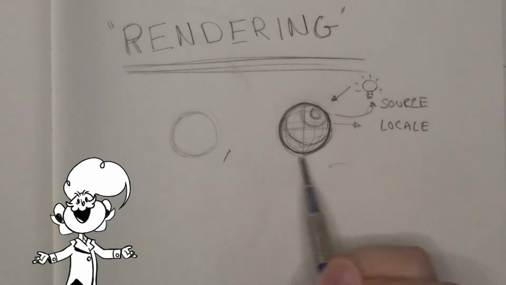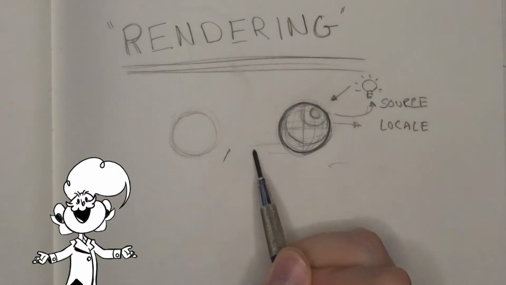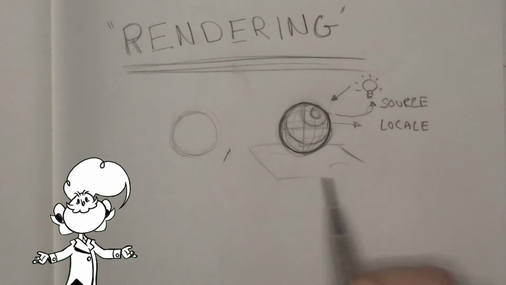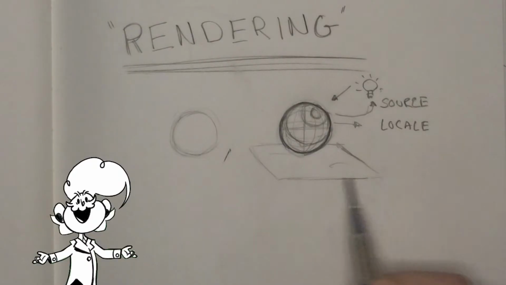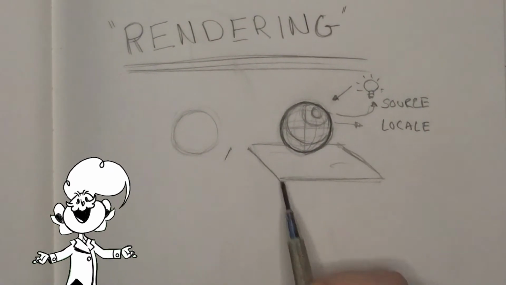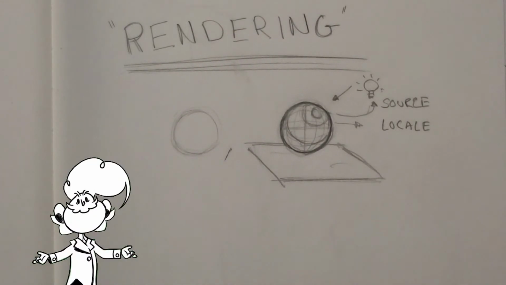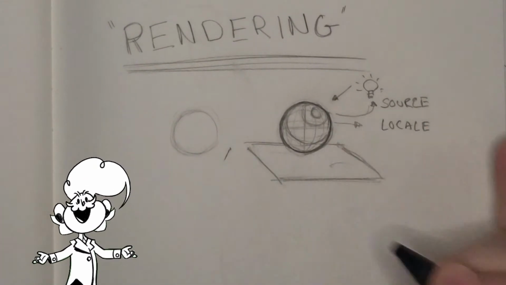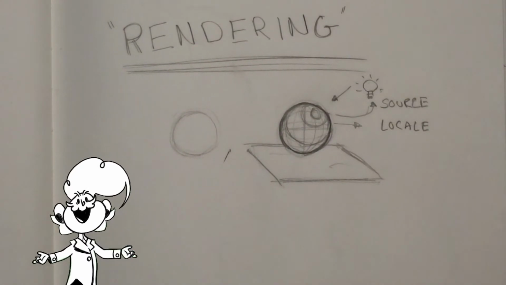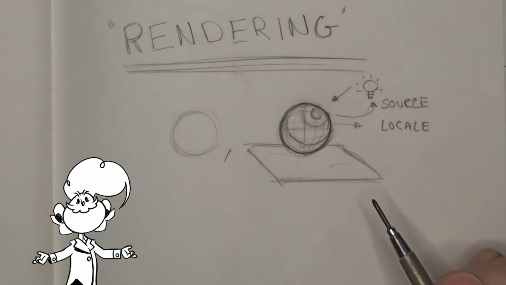So presumably there's a floor down here. I'll just draw kind of a square to describe. I gotta stop doing this thing where I do multiple lines. Just draw the line and get it over with. So presumably it's sitting on a plane down here.